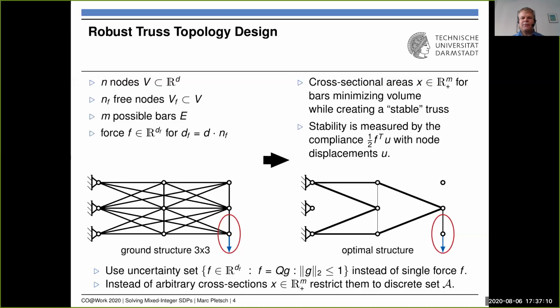And one more extension of the original model is that we replace the cross-sectional areas X, which originally were continuous, by a discrete set script A. So we only allow certain thicknesses or cross-sectional areas because they can only be manufactured with a certain given collection of discrete cross-sectional areas.